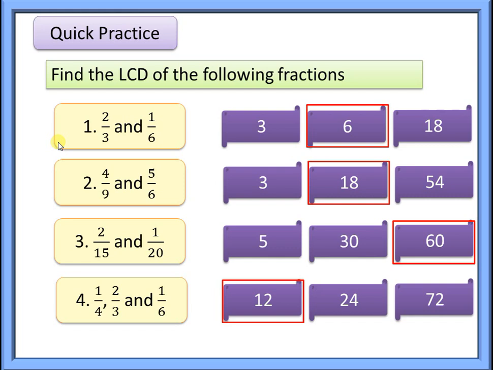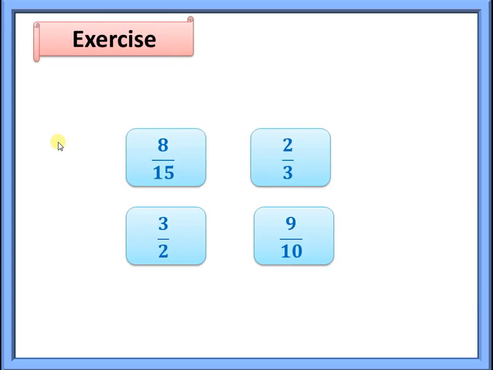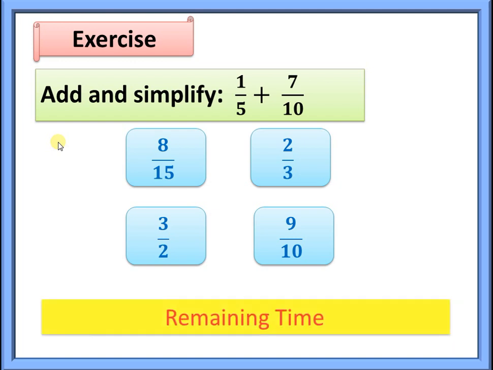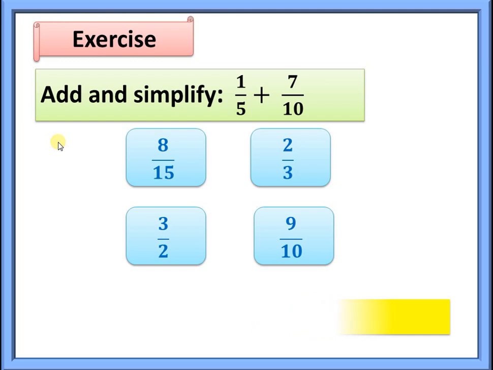Now this time, let us continue with the similar fraction. Add and simplify 1 over 5 and 7 over 10. Time starts. Time is up. And the answer is 9 over 10.